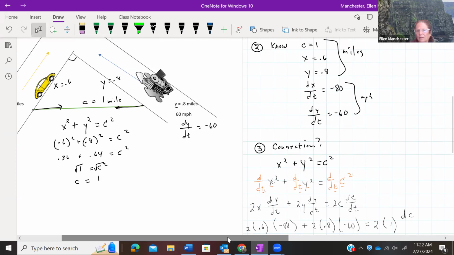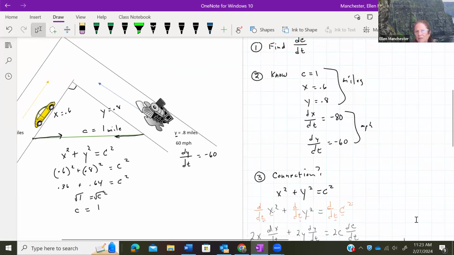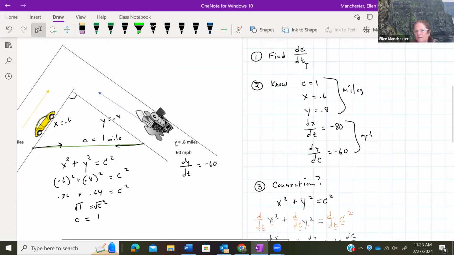And look at that. That is what I'm looking for. And if you notice, that's the only variable left. So that's what you want in these. You want to go through, figure out everything that you know, the information that you're given, and with every single one of these, you should have one unknown. And it should be the one that you're finding.